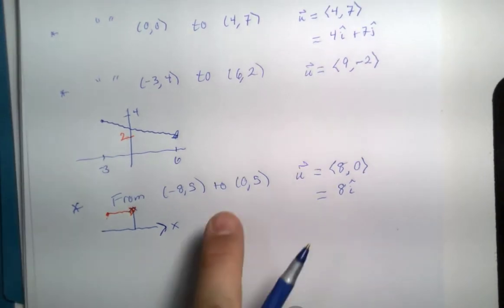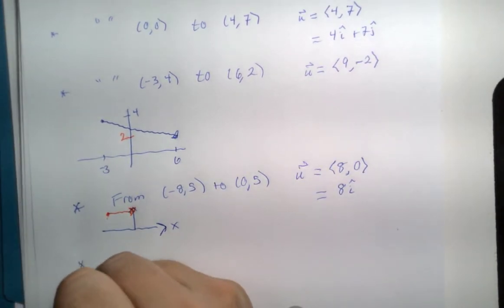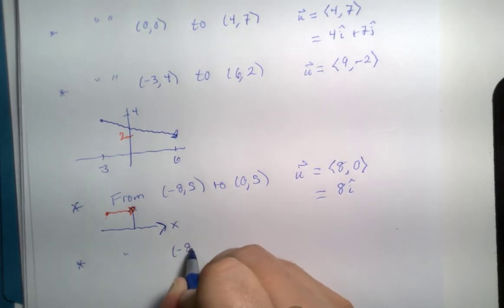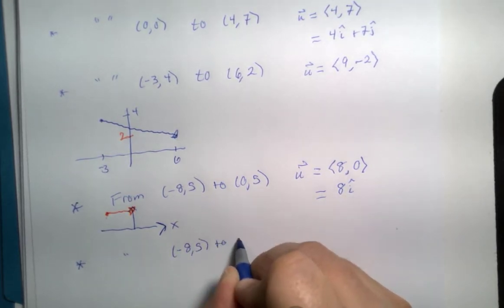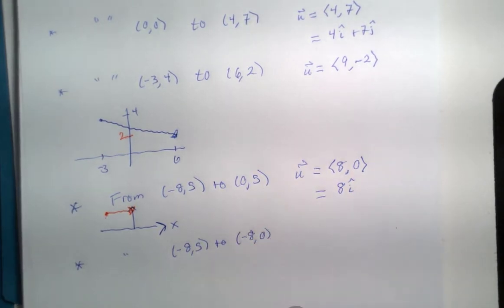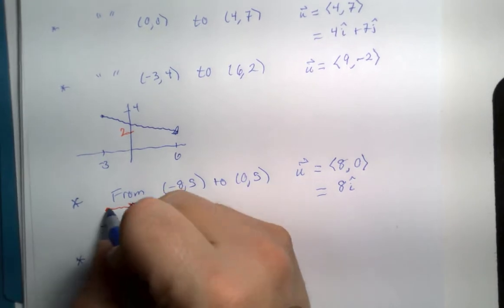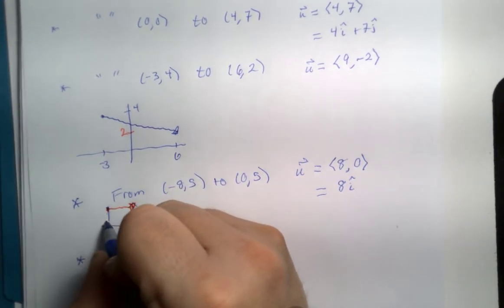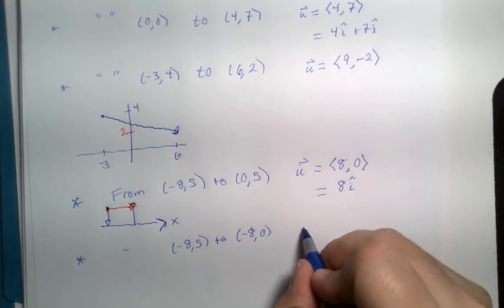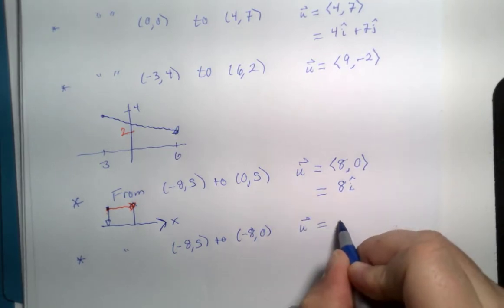And last little piece for this particular type of problem, if we started at the same -8, 5, but we went to the point -8, 0, that would be starting here and going down. And it turns out to be down exactly 5 units.